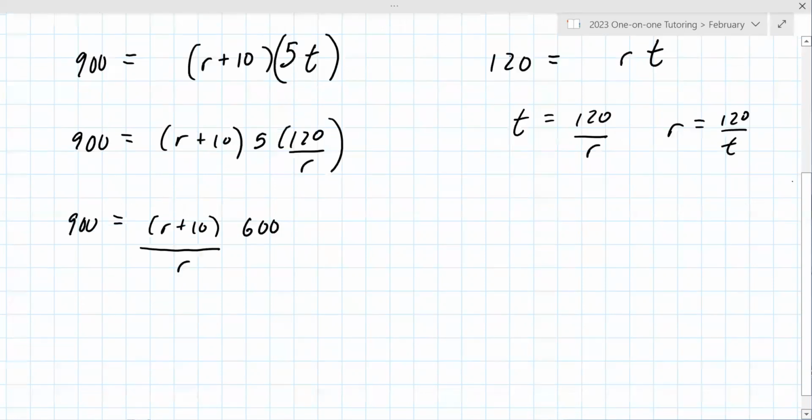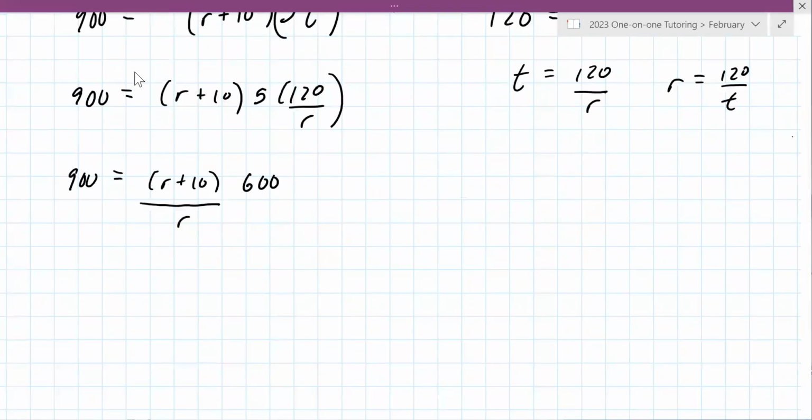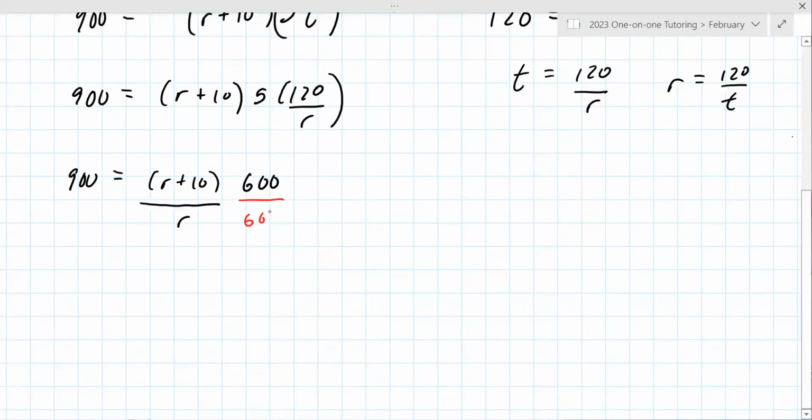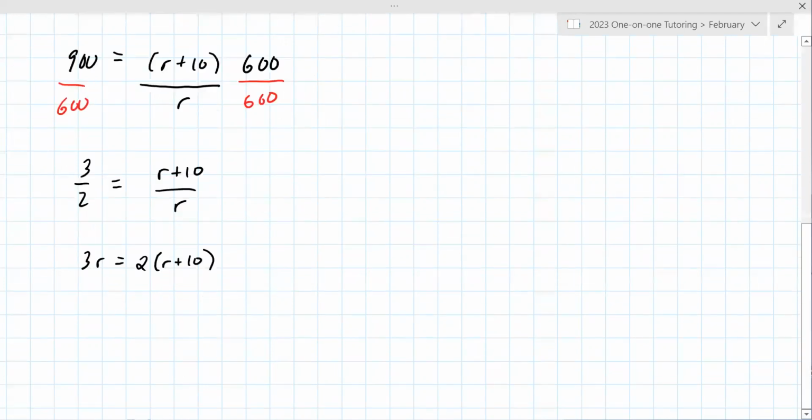If you divide both sides by 600, that gives you 9 over 6, which is 3/2, equals R plus 10 over R. From here you would cross multiply, so you get 3R equals 2 times R plus 10. 3R equals 2R plus 20. R equals 20.